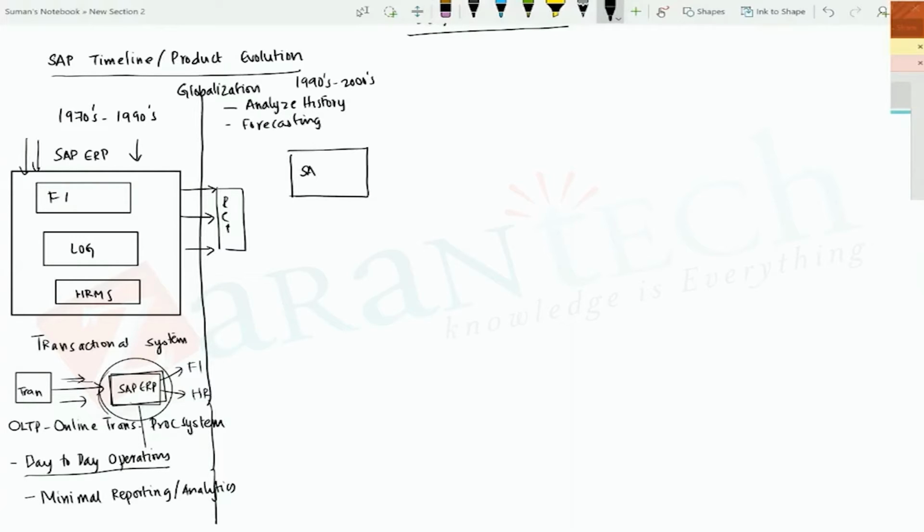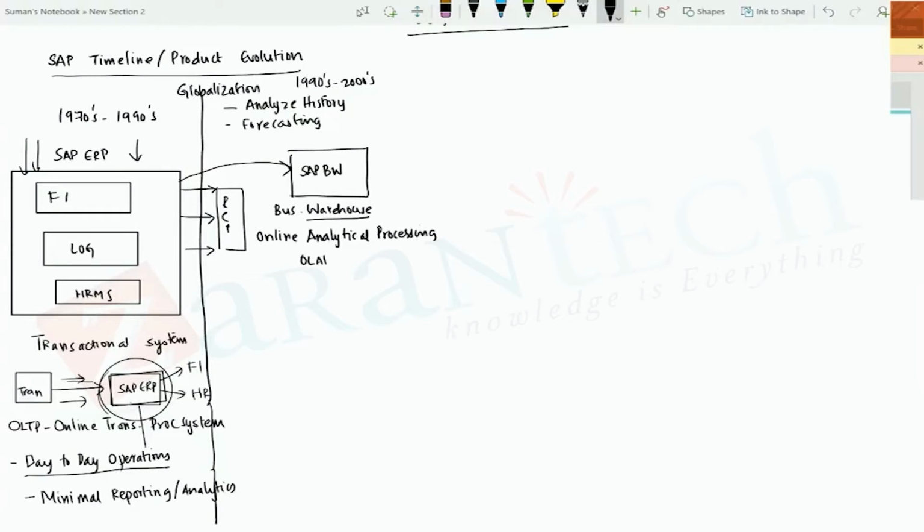SAP BW is nothing but a data warehousing solution. As the name warehouse points out, all the data that was originally stored in your ERP system was pushed into another platform in SAP called SAP BW, which is an online analytical processing system, also referred to as OLAP system.